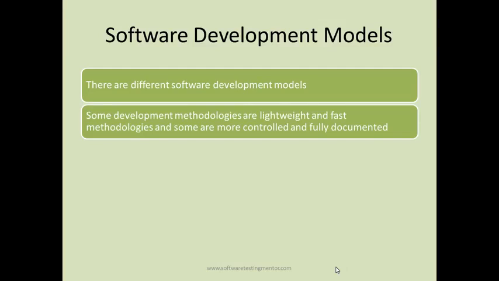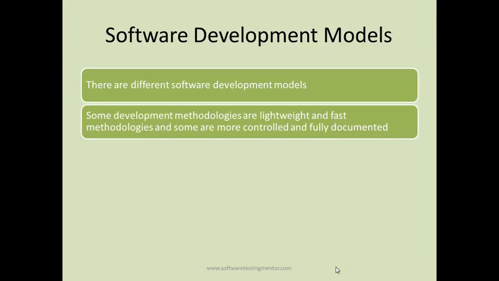As many of you would know, the initial development methodology, like the waterfall development methodology, was very controlled and fully documented. What this means is, in waterfall development methodology, everything was completely documented. All the requirements were being finalized. Unless and until requirements were finalized, you could not go into the design phase.